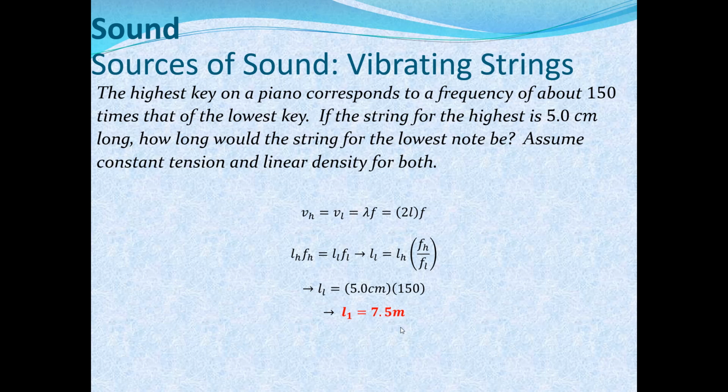So for a piano to actually get a difference in frequency of about 150 times the lowest key without having a piano that's 23 feet, the way they do it is they have the strings not being constant density and not constant tensions.